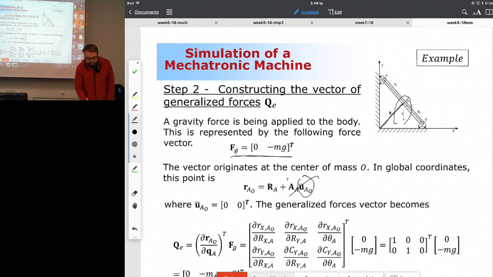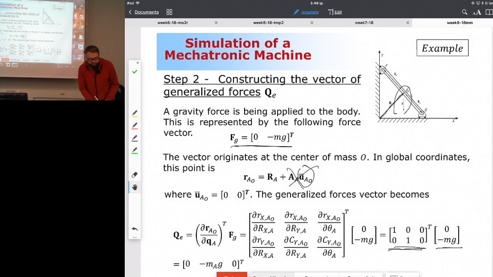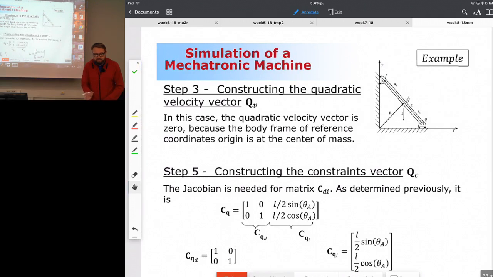So we can neglect this component here, and we can get the mapping matrix exactly as in the case of static. It's going to be this one here, multiplied by forces in global coordinates. What that will give us is the forces in generalized coordinates. How they look, well, it's shown here. These are the forces in generalized coordinates. Now that's step number 2, done.